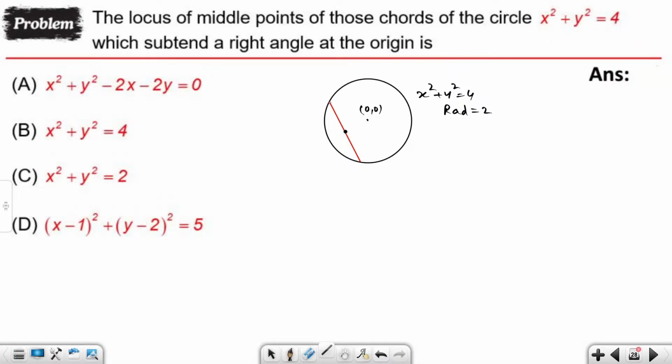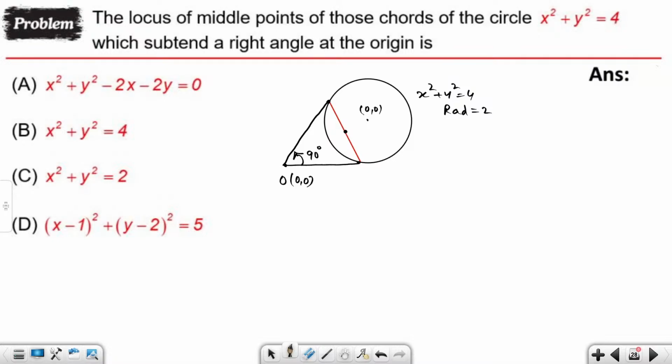Is it clear? So if I consider these 2 points, and let us say this is my origin O, and I join these 2 points, this angle is 90 degrees.